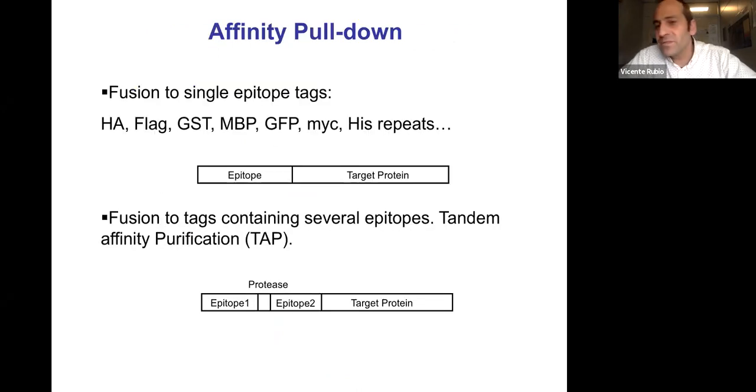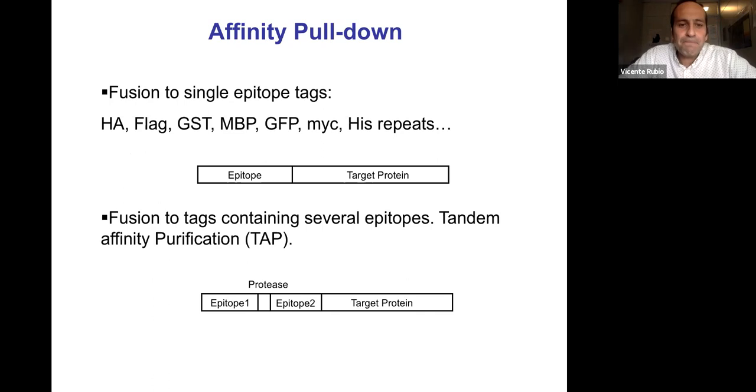And this is what we want when we come to the affinity-based technologies to purify protein complexes. So the typical ones are those that are based on a single epitope, the ones that are usually used for co-immunoprecipitation assays, in which we fuse our protein of interest to a specific epitope, HA, FLAG, there are many different flavors for those.